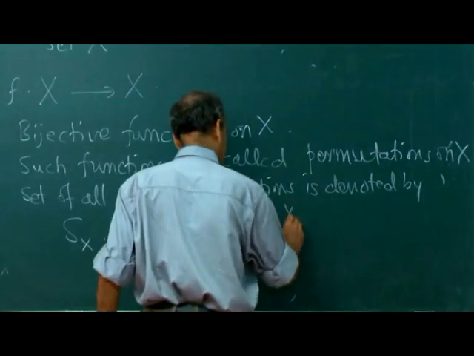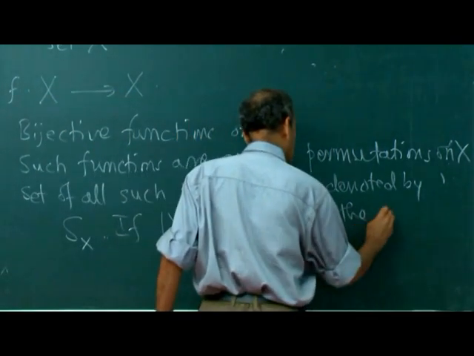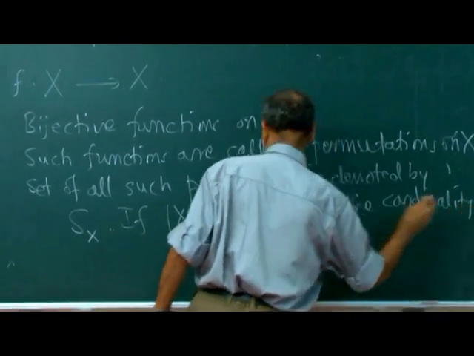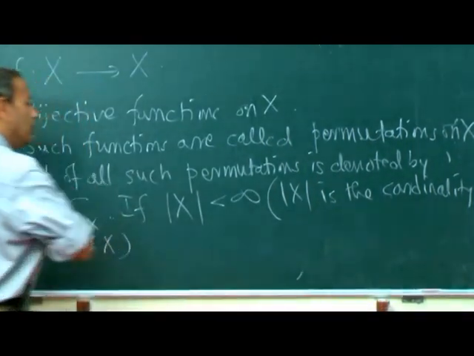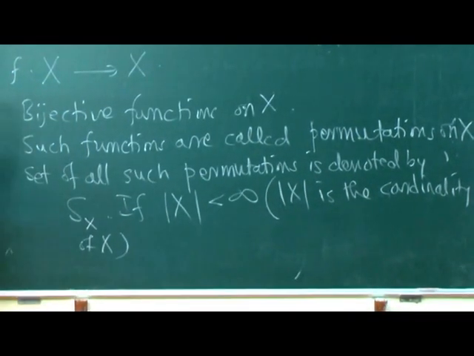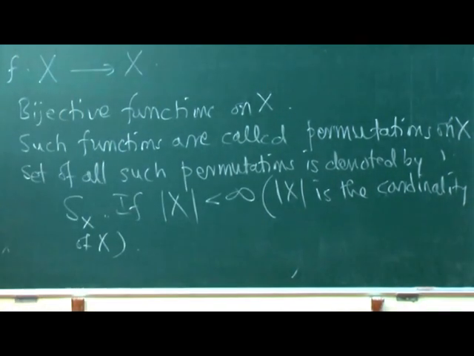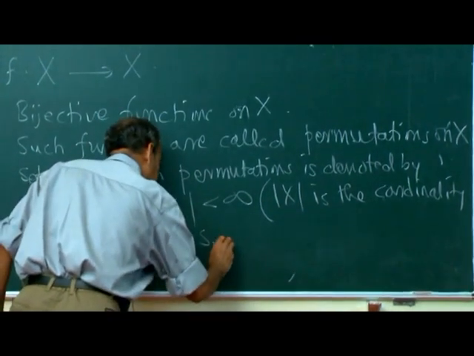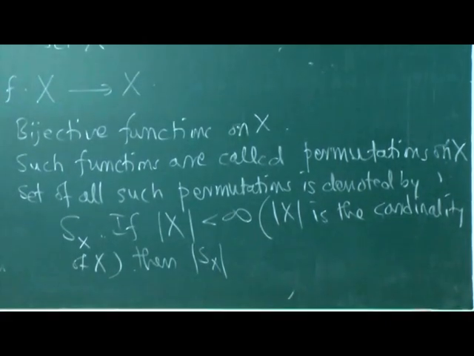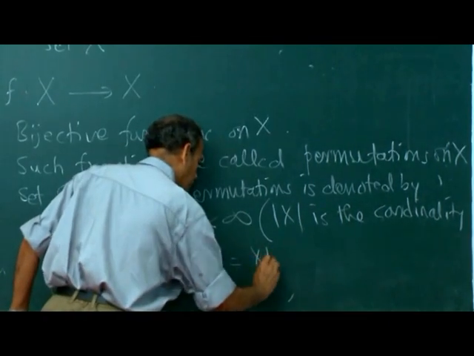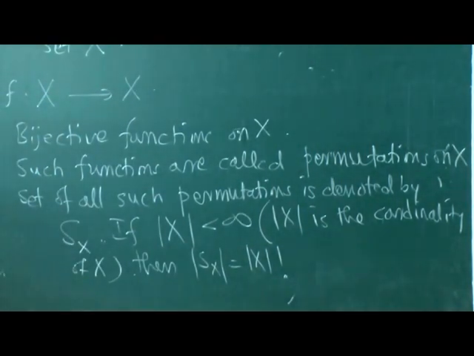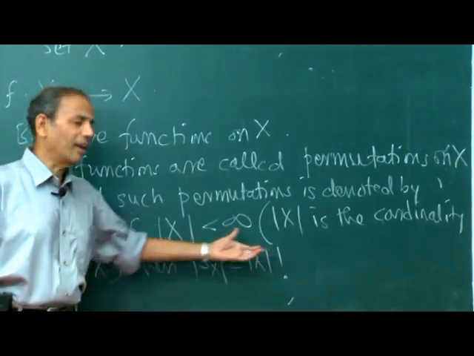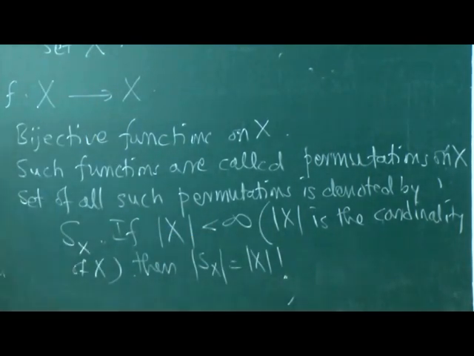Mod X is the cardinality of X. Then the number of elements of S sub X is equal to factorial mod X. You can check. If X contains n elements, there are exactly n factorial permutations of the set X.